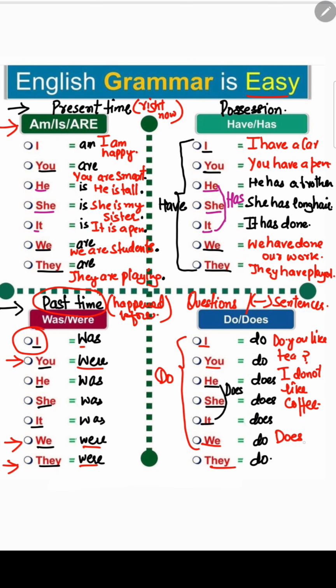Does she dance? Question mark. Negative sentence. He does not smoke.